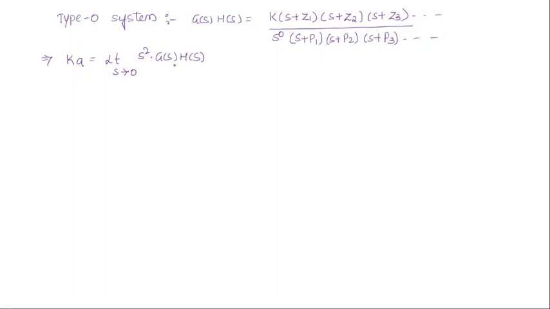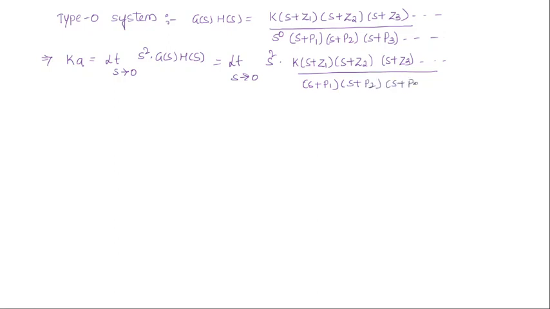In place of G of s into H of s, just substitute this value, then it will become limit s tends to 0 s square into k into (s plus z1)(s plus z2)(s plus z3) and so on, divided by s power 0, which means 1, into (s plus p1)(s plus p2)(s plus p3) and so on.